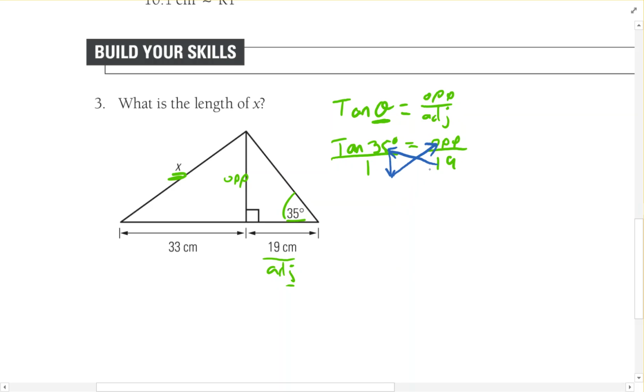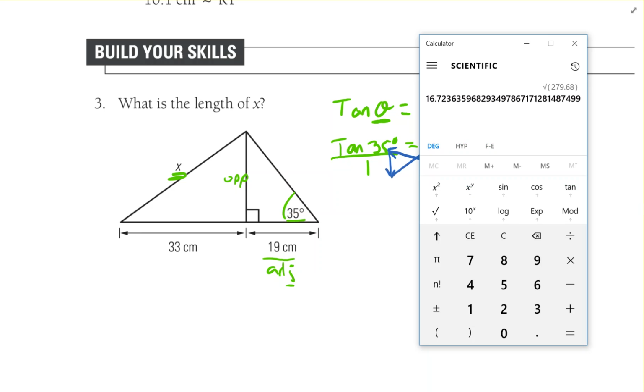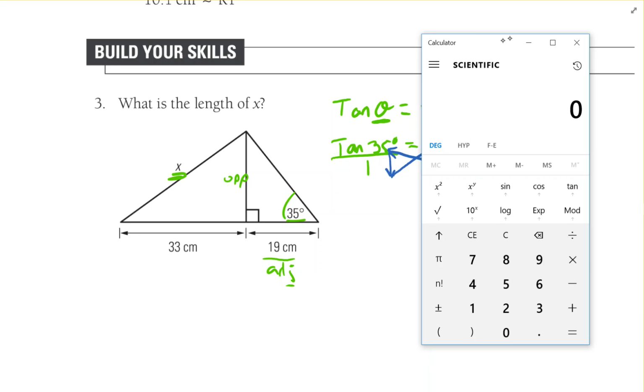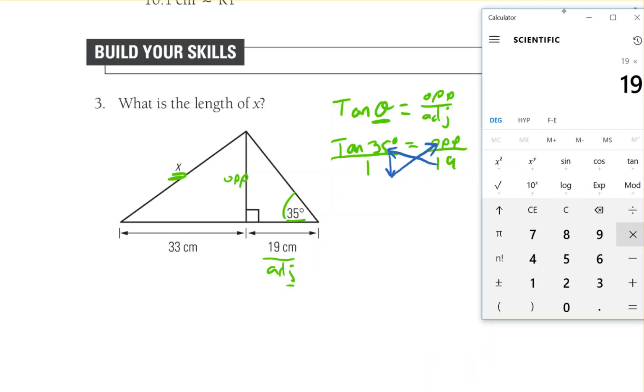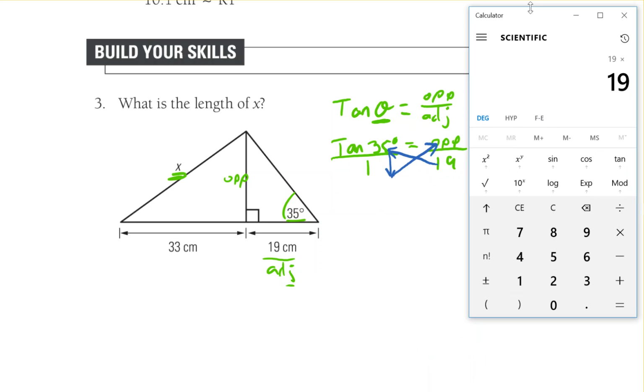It's that cross multiplying piece of it. So let's proceed, let's start over. We'll go 19 times, and then in these kinds of calculators you usually have to go 35 and then tan, not tan 35.